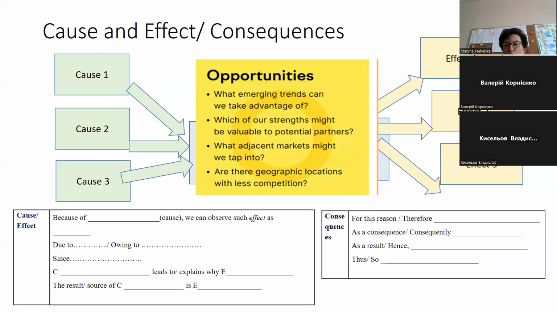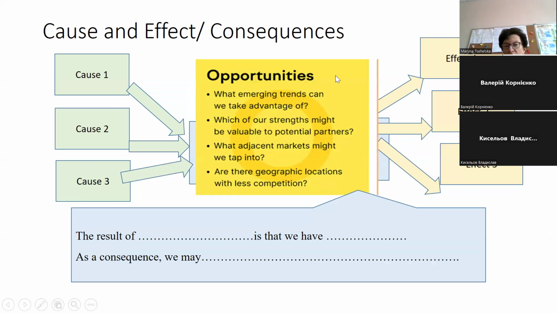Yeah. The same we can do with the opportunities. There are causes for our opportunities, and there is the effect that our opportunities can have. Vladislav, can you talk about the opportunity of being a teacher very soon? Yes, sure. Maybe I will be able to... Yeah, like soon you will become a teacher of English and give children knowledge. Yeah, it is the result of what? This is the result of hard work.